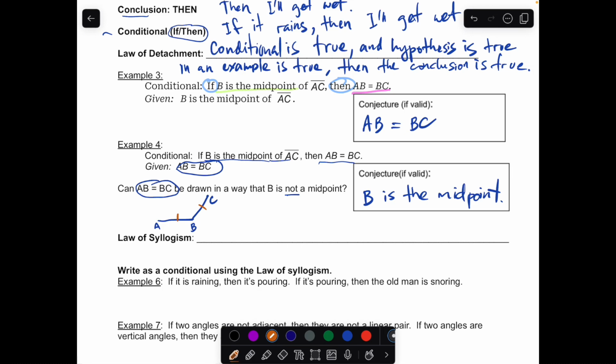So therefore, this is false. Our conjecture that B is the midpoint is false, if all we know is that AB is equal to BC.